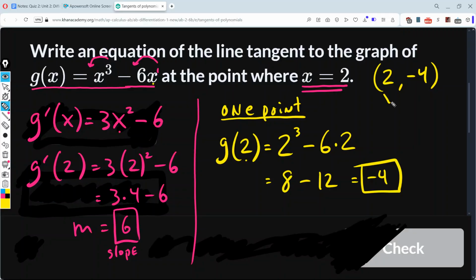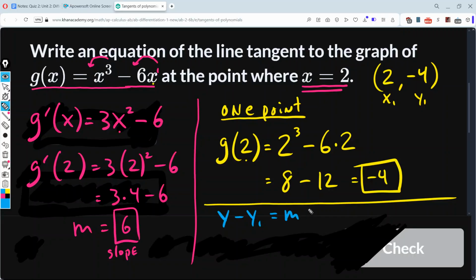And we're going to use that for x1 and y1. Running out of room. y minus y1 equals m times x minus x1. Y you leave alone. y1 is -4, so minus -4 becomes +4. The slope m is 6.